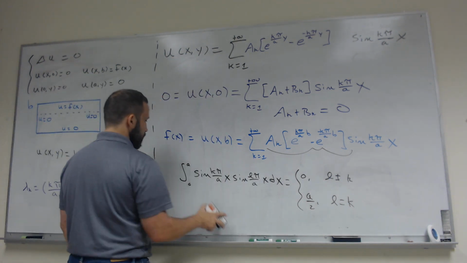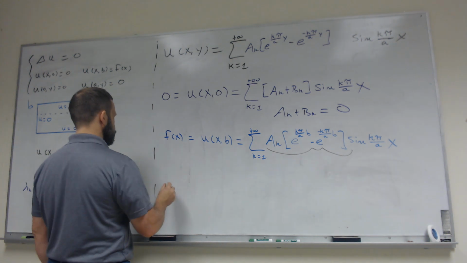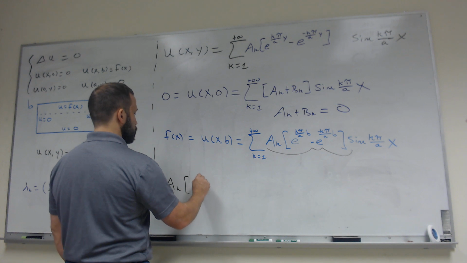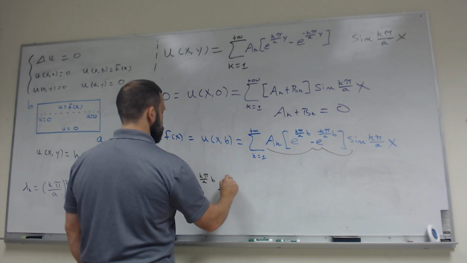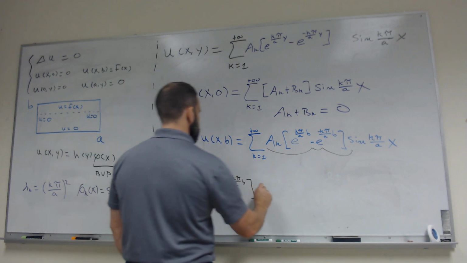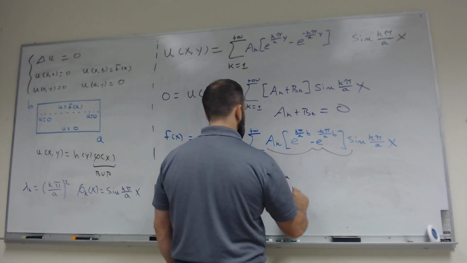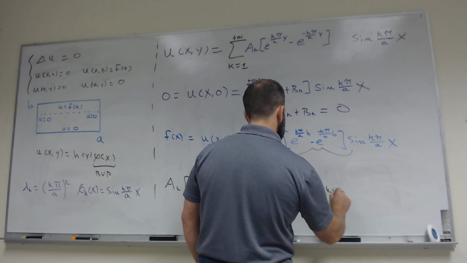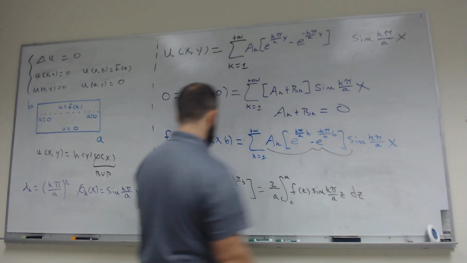So what we're going to get is that AK times e to the k pi over a b minus e to the minus k pi over a b is equal to 2 over a times the integral from 0 to a, and now I'll use z as my dummy variable, of f of z sine k pi over a z dz.